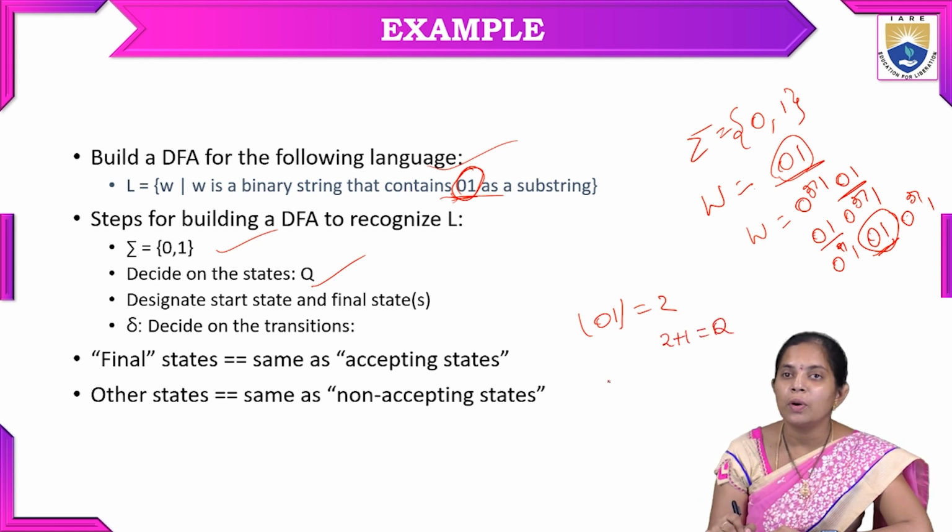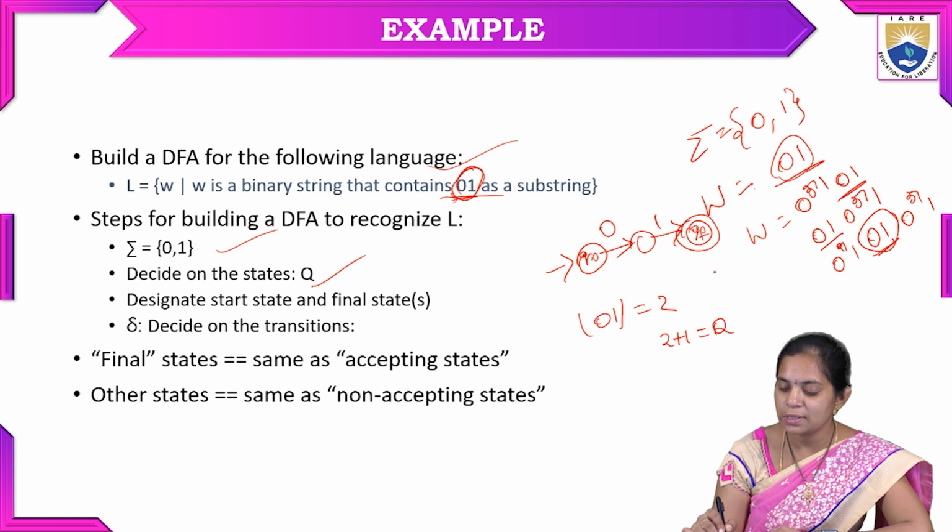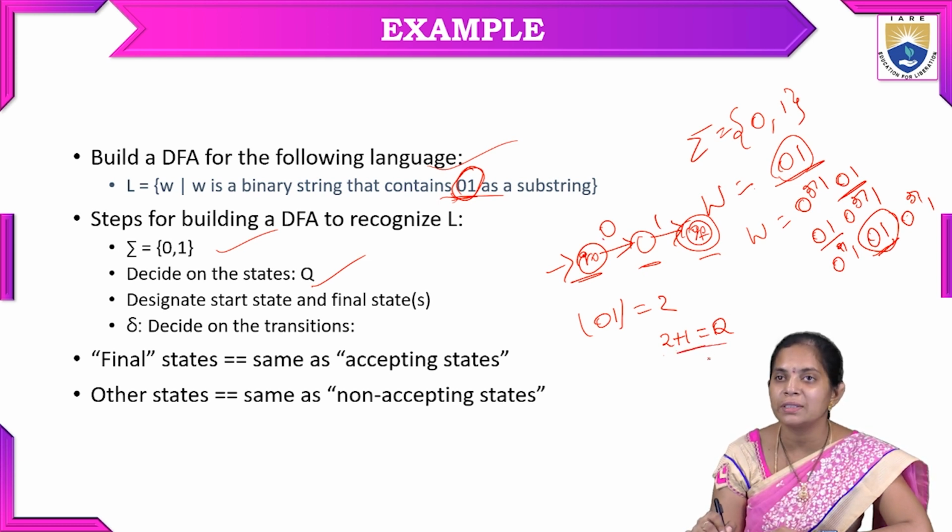Initially we take one state, then a transition of length 2 on 0, 1 reaches the final state. So the minimum length plus 1 gives the number of states.